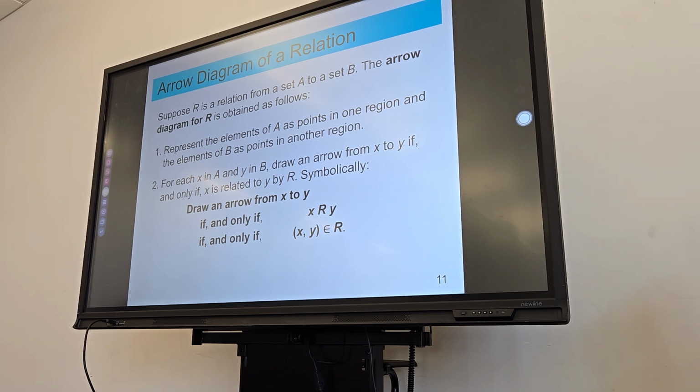Typically, it works better with smaller sets, but you have one region with the elements of A and one region with the elements of B. For each X in A and Y in B, draw an arrow from X to Y if X is related to Y by R.